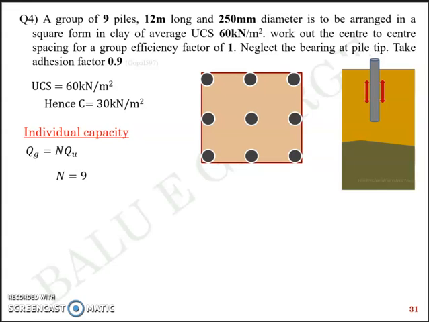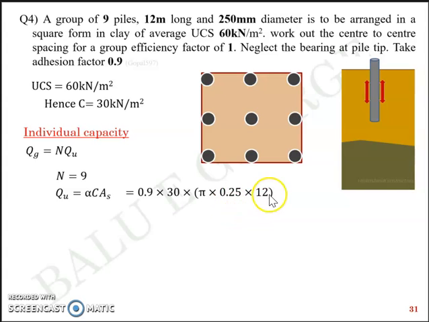So N is equal to 9 here, and to get QU we know alpha C into AS is an equation because you're asked to neglect the end bearing. So what remains is just the adhesion factor multiplied by cohesion multiplied by the circumferential area. So that's 0.9 multiplied by 30 multiplied by pi dl.